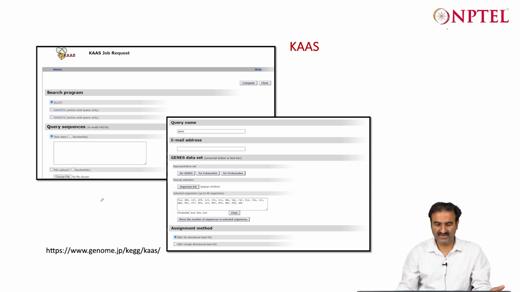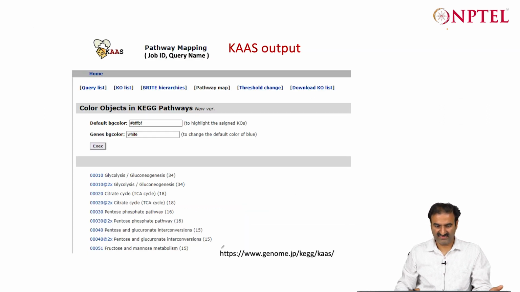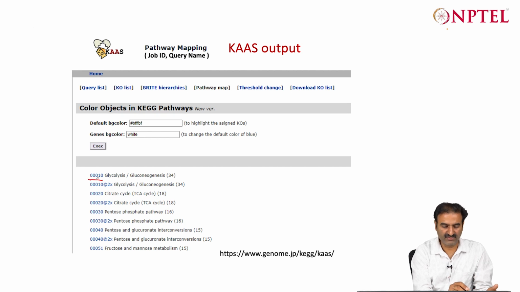Basically you can define your selected organisms and the query you have defined here, and the method that you want, bidirectional hit or single directional hit, and it will give you the output showing what all pathways were found. For example, in glycolysis, whose map ID is 00010, 34 proteins were assigned. This is for both the bidirectional and single directional hits.